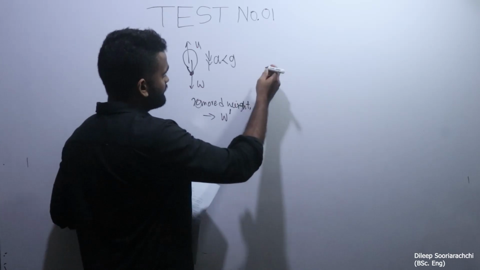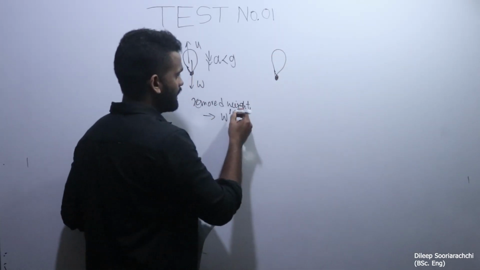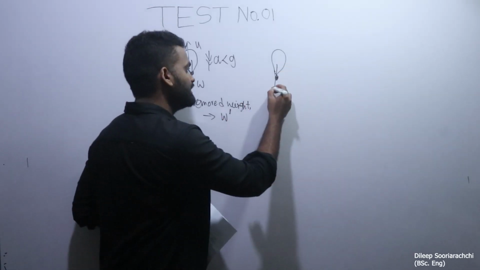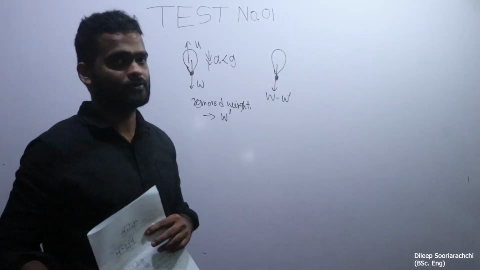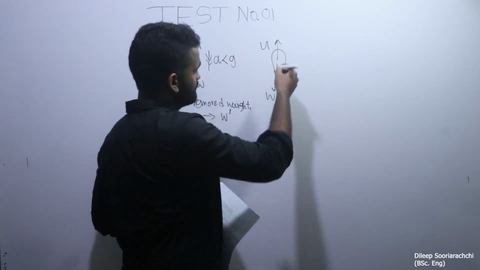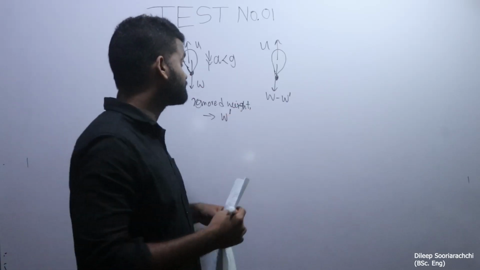Okay, I'm drawing that for the second case. If W dash of weight is removed, now the weight of the balloon is W minus W dash. Since W dash is removed from the balloon, they say that the upthrust does not change. Then the upthrust is U, upwards.